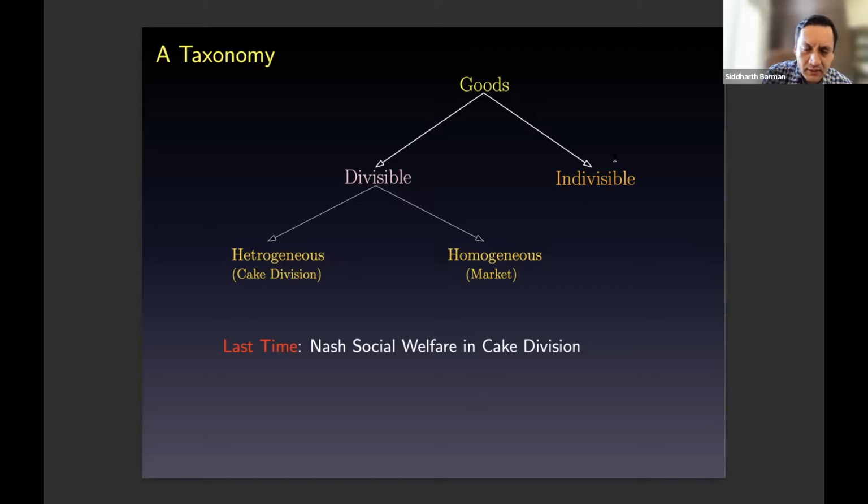At the end, I'll mention results about the indivisible goods case. This is unlike this part of the subtree, which has a continuous optimization flavor to it. This is completely combinatorial. It's a partitioning problem versus a fractional assignment problem on the left-hand side.